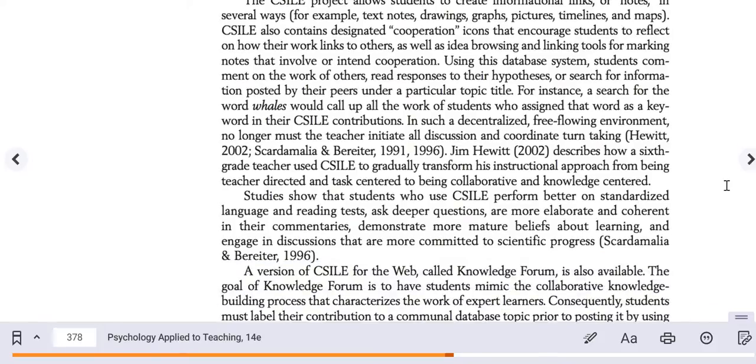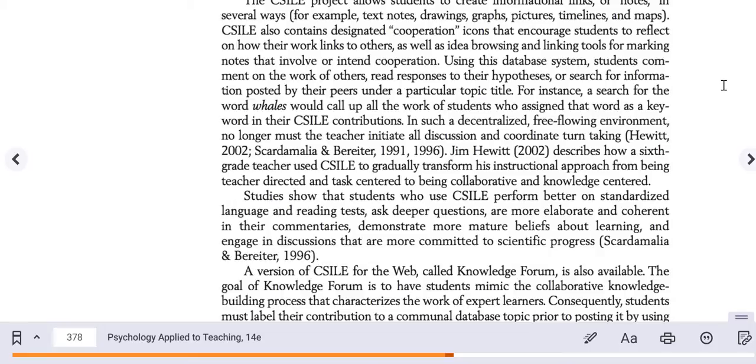Using this database system, students comment on the work of others, read responses to their hypotheses, or search for information posted by their peers under a particular topic title. For instance, a search for the word whales would call up all the work of students who assigned that keyword in their CSILE contributions.